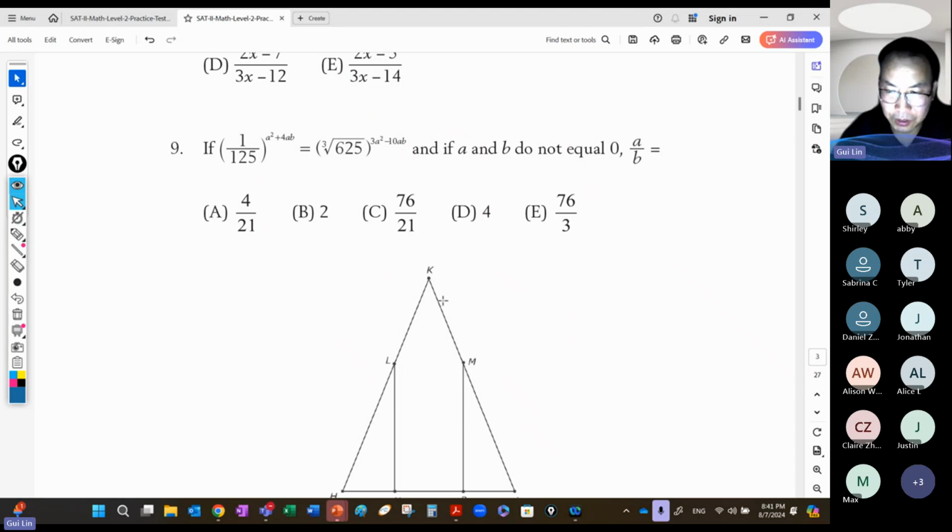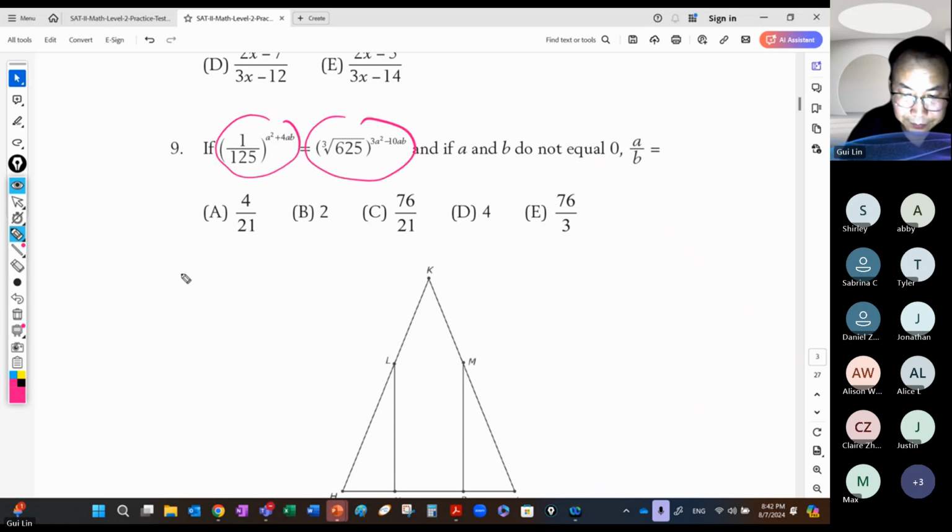Okay, let's see question number 9. If this equation makes sense, the base should be the same, and the exponent part should be the same, right? Okay, so let's do it. Let's simplify these two.